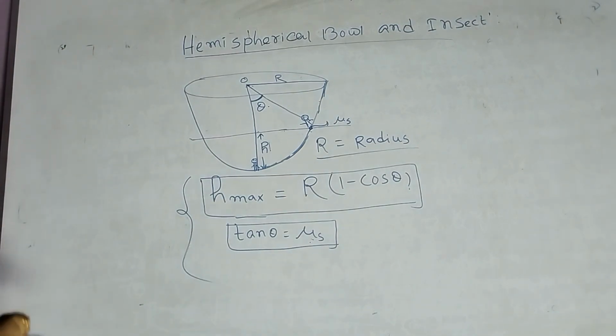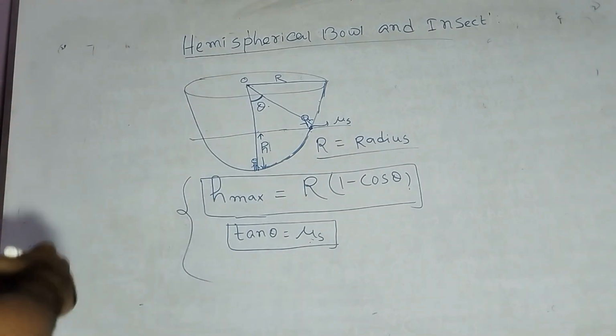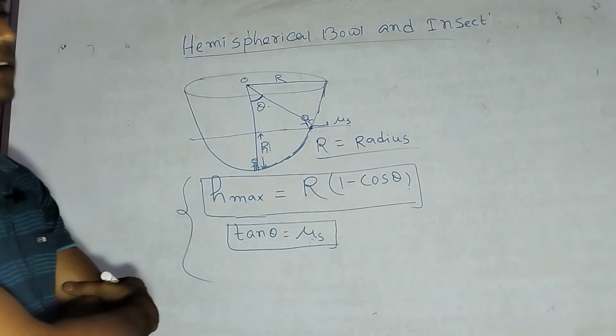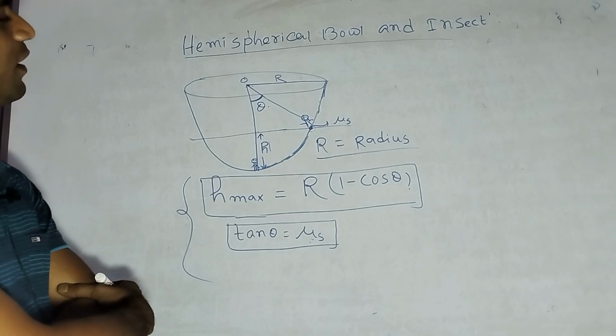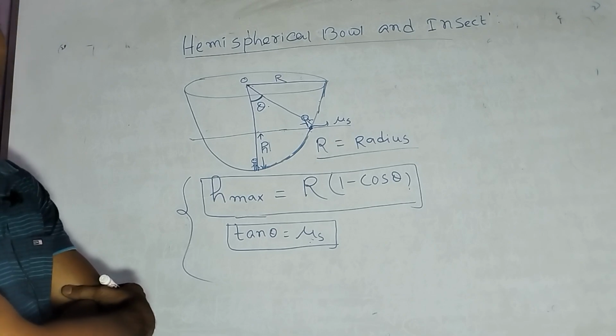Then another problem: if the insect is a modern insect, it tries to crawl on a parabolic surface, not a hemispherical bowl.